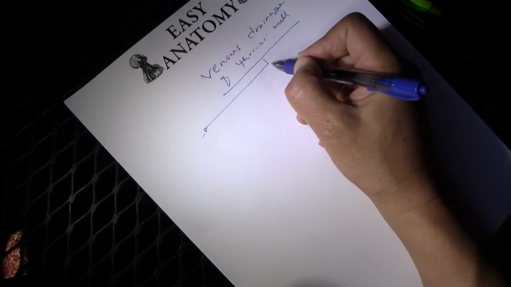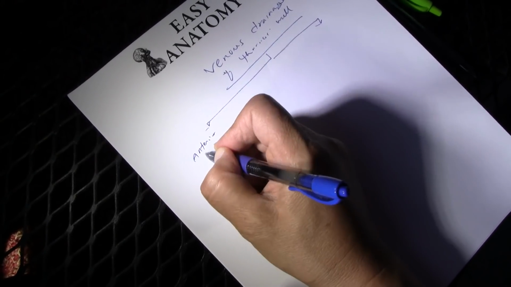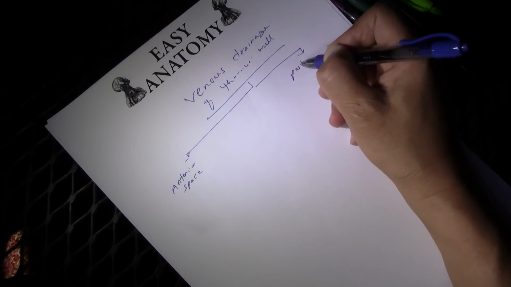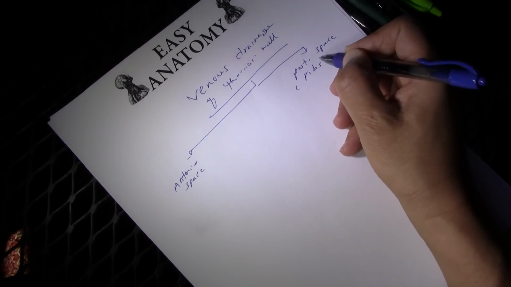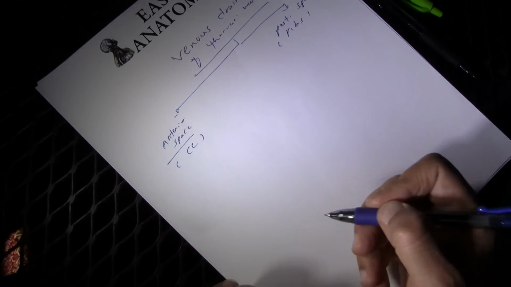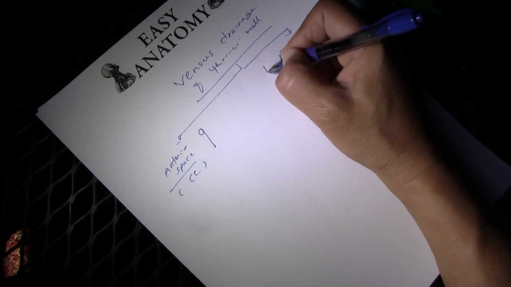We have the anterior space and the posterior intercostal space. The posterior space is between ribs, the anterior between costal cartilages. Okay, we have 9, you have 11.